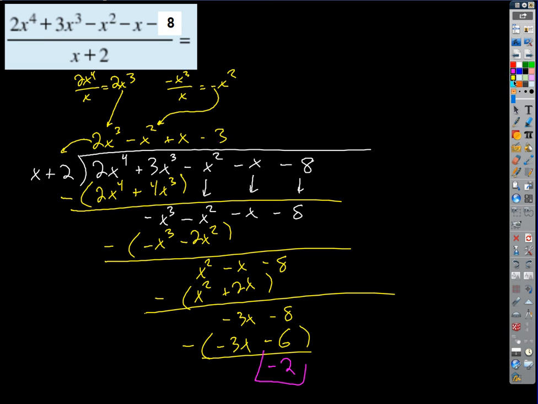So the answer is, this quotient is equal to the polynomial part of the answer. So I get my 2x cubed minus x squared plus x minus 3. What do I do with the remainder? Right, here's this part.